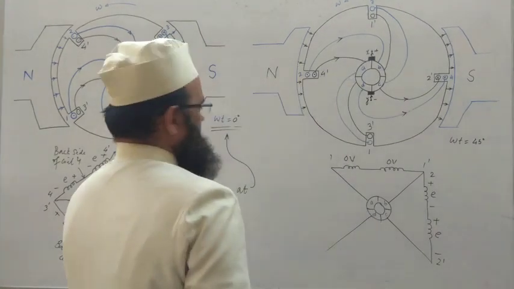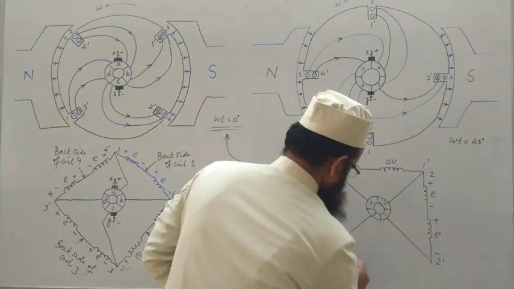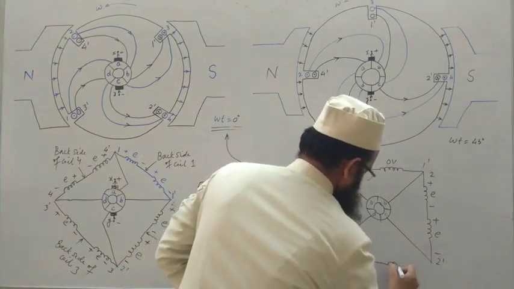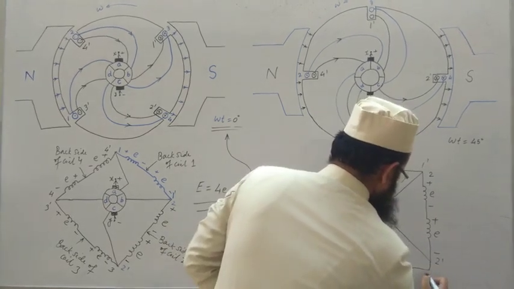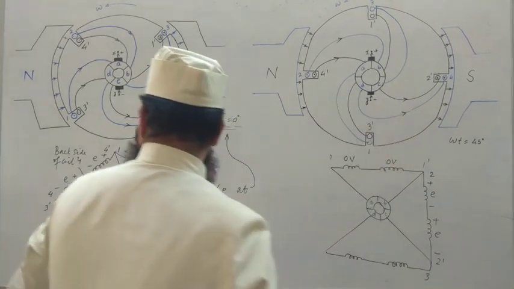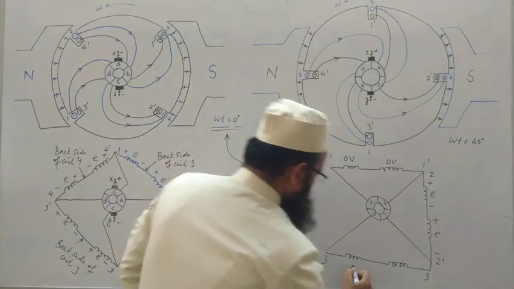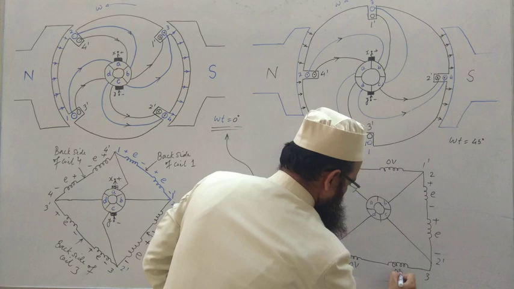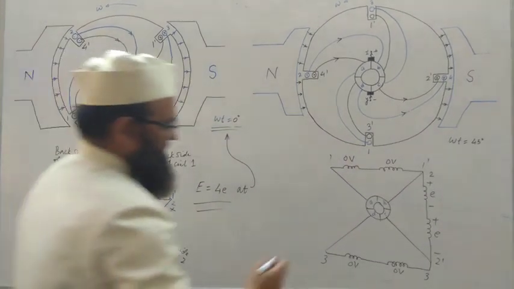Similarly, after this coil is there, 3 and 3 dash. So this is 3 and then 3 dash. So again in coil 3, no EMF induced, right here 0 volt, 0 volt. And the final one, 4 and 4 dash.